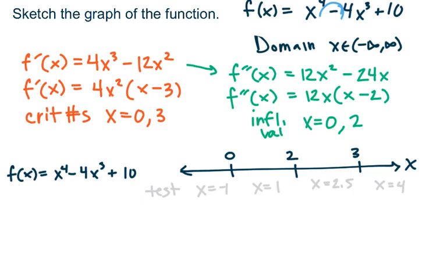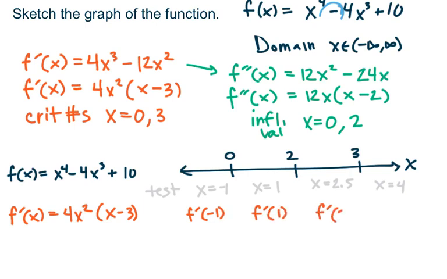So my first derivative, f prime of x, is 4x squared times (x minus 3). So I need to determine what I get for f prime of -1, f prime of +1, f prime of 2.5, and f prime of 4.